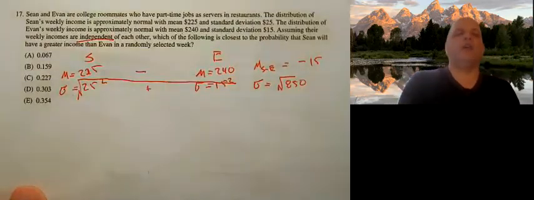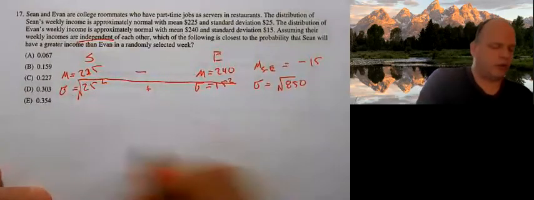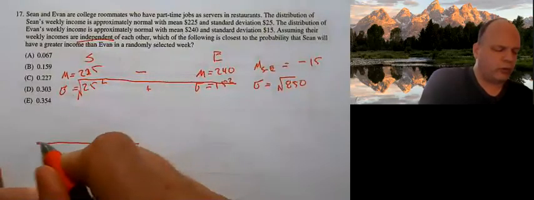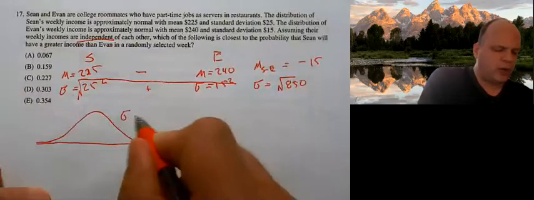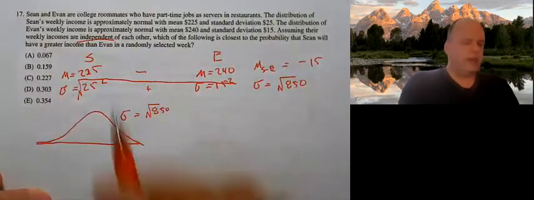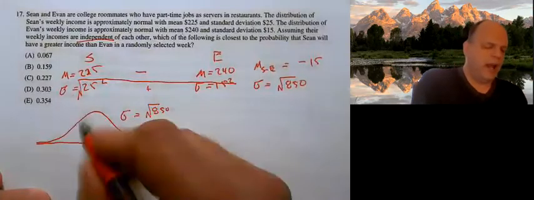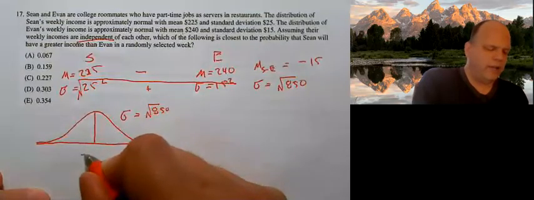The other thing, they told us that they were normal because they need to be normal so that we can combine the distributions. Well, now that I've combined the distributions, we have our standard deviation equal to the square root of 850. That's the Sean and Evan standard deviation right here. And we have a mean of negative 15.